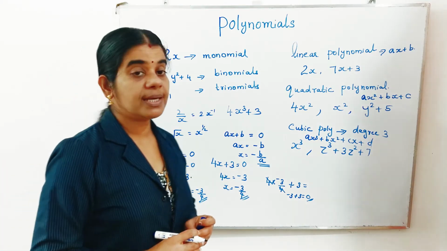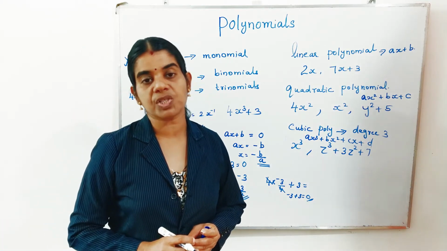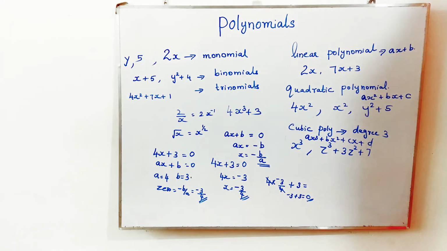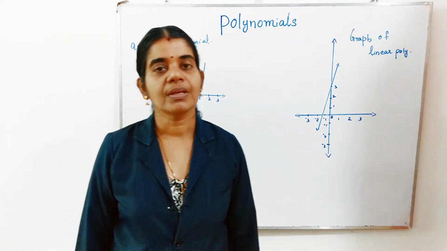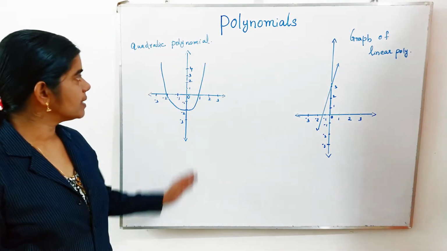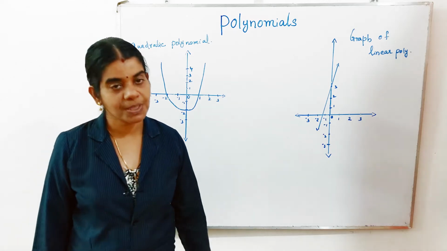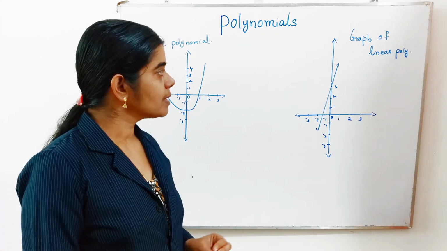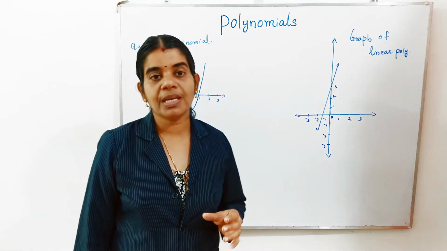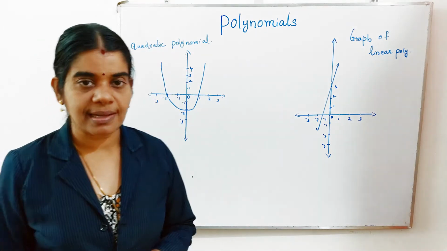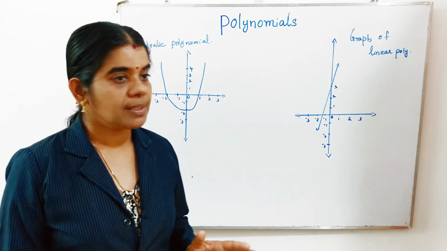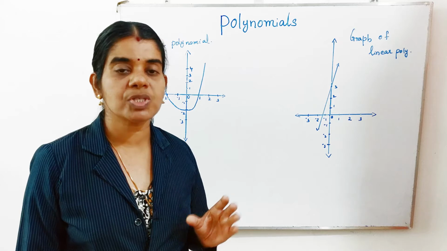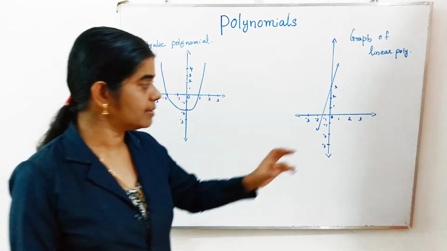Next, we are discussing the graphical representation of the polynomials, that is linear polynomial and quadratic polynomial. Every time a linear polynomial graph will be a straight line. We studied in the 9th also that the graphical representation of a linear equation or linear polynomial will be a straight line.